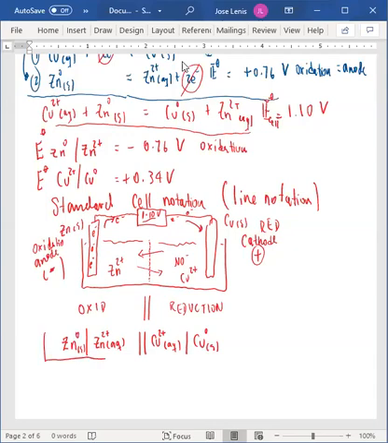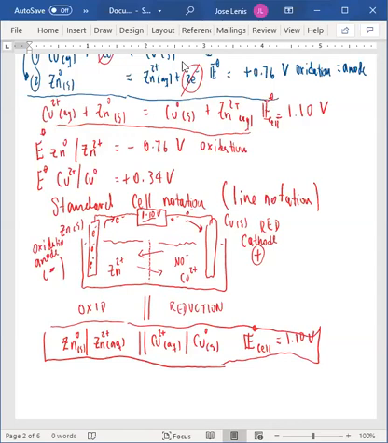And this is what we call the standard cell notation. And in front of this, we write the standard potential of the whole cell, 1.10 volts, because we just calculated it. This is how you represent the cell notation for that particular cell.